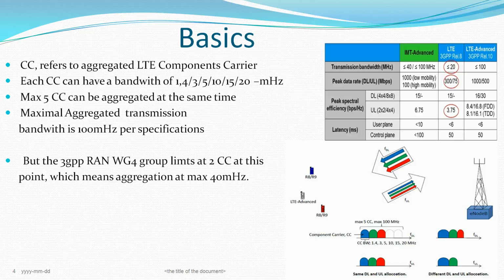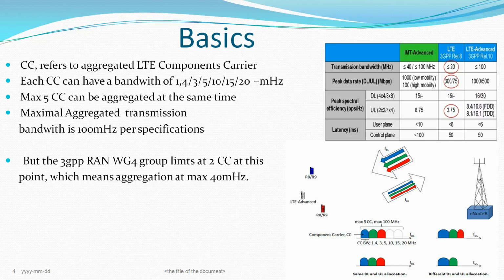If you look at the table on the right side here, you can see the IMT-Advanced requirements for a real 4G network, and you have the LTE release 8 specification, and you have the LTE Advanced 3GPP release 10 specification. So as you can see, 3GPP release 8 is not really matching up to all the 4G network requirements.